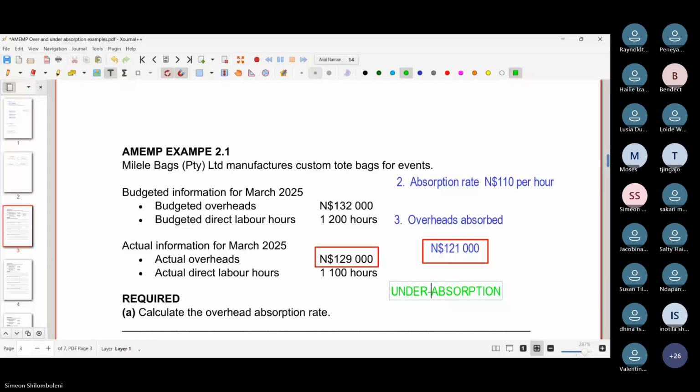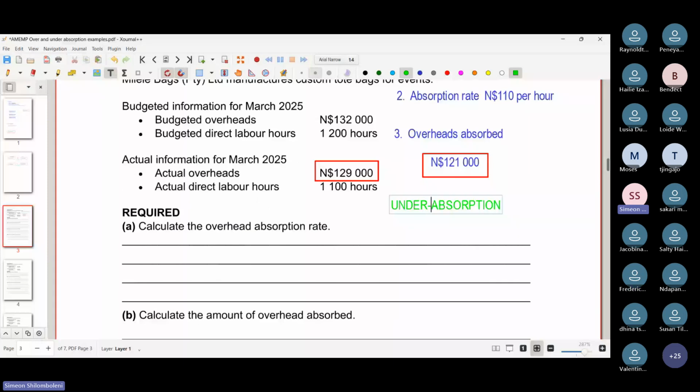So when we get our answer and then we state that it's under absorbed, do we give a reason why this is the case? It depends on the number of marks that are there. Now, what I have here, I've broken down all the calculations step by step. Question one is just for you to get the absorption rate.